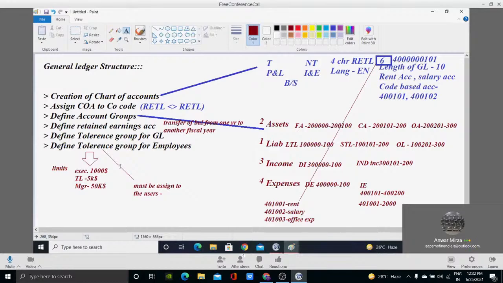Okay, he failed multiple times to pay the amount after commitments. Now will you still be interested to give credit to such a customer? No. Right? So tolerance is maintained at employee level to control the users from posting such transactions which are not under their limits.